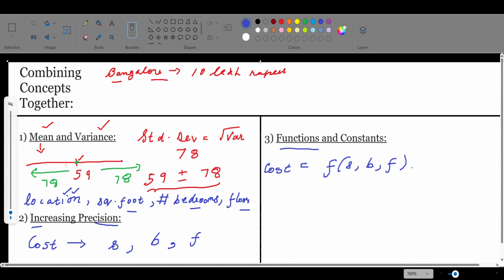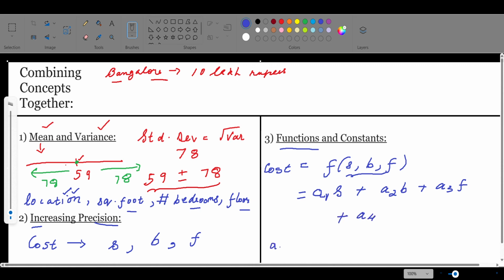This means that there is some sort of equation that is created using these three variables. So let's say that equation is some constant, let me call this A1 times S plus A2 times B plus A3 times F plus A4.